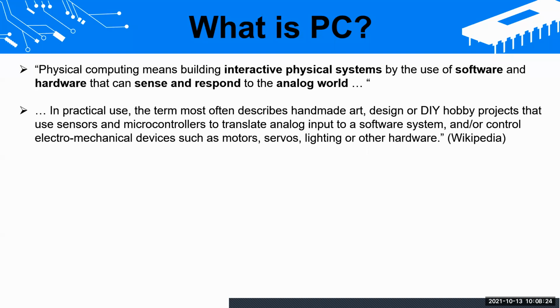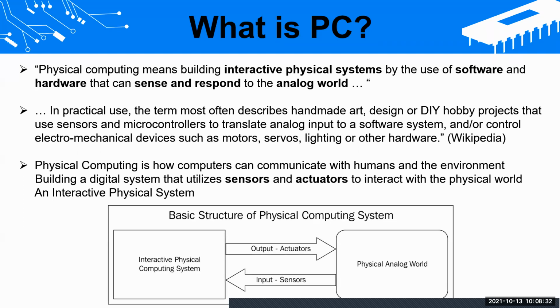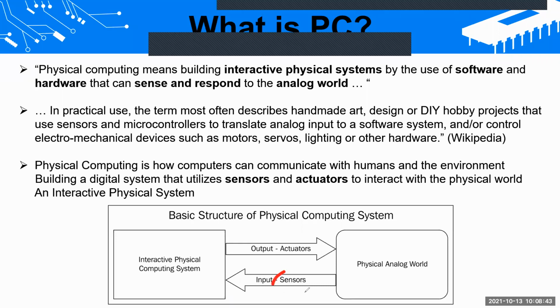Then in physical computing we mainly have two things: sensors and actuators, right? The sensor is to sense the outside world. So we have sensors here. This is the analog world, the world we are in.